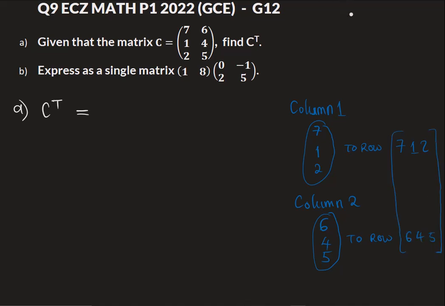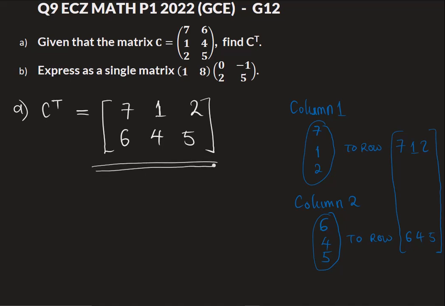This is what we should be expecting and thinking about in our head to get the correct answer. Usually for such questions, you just have to write the answer directly. 7, 1, 2, 6, 4, 5. But I've shown you the thinking process here so that you can just understand how it's being done.